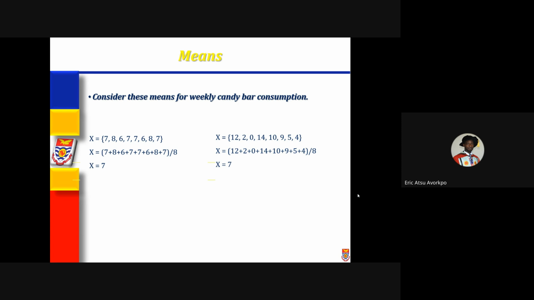Okay. Now, whilst picking this, one question you could have asked yourself is that if there are 8 observations throughout, all of them.